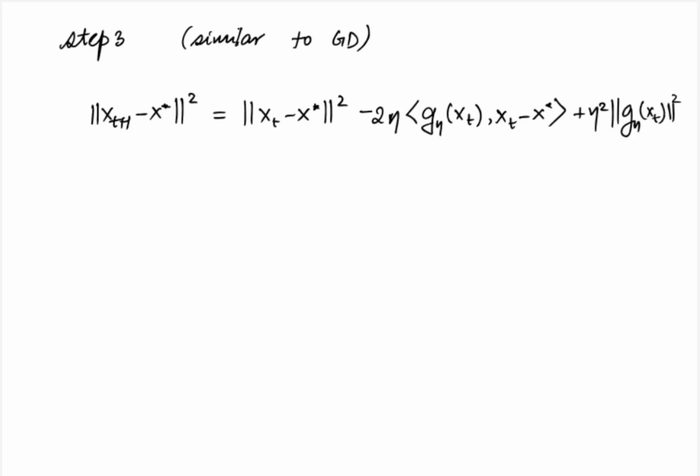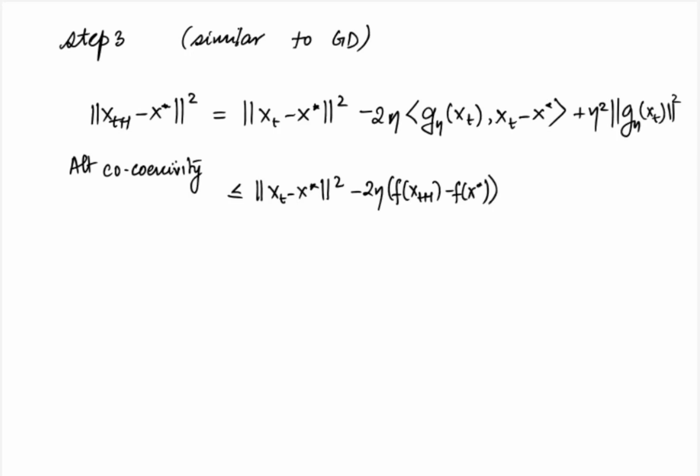And then use the derived alternative to co-coercivity condition so as to get that the right hand side is less than equal to xt minus x star norm square minus 2 eta optimality gap at xt plus 1, f of xt plus 1 minus f of x star, minus eta square times 1 minus eta L, norm square of g eta of xt.